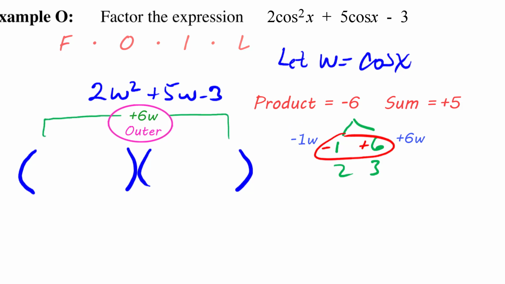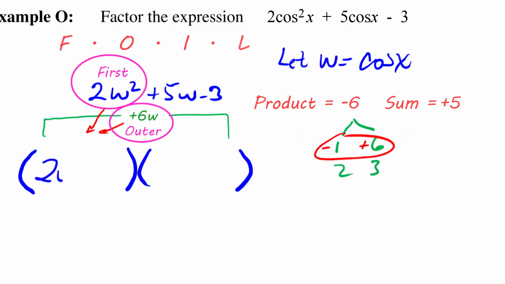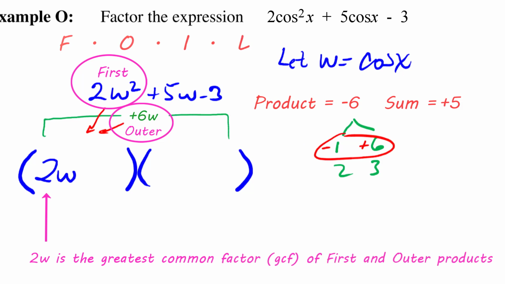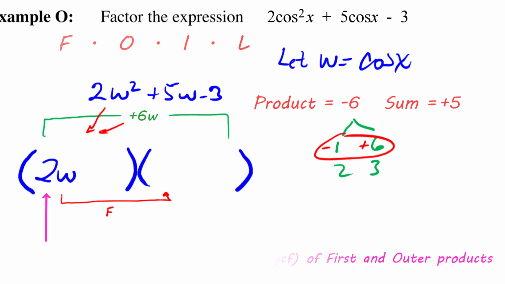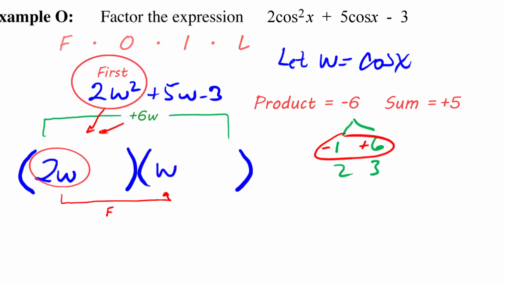What we do is we recognize that 6w is the outer product, 2w squared is the first product, and we take the greatest common factor between 2w squared and 6w. We can factor out 2w from them. And to get 2w squared, the next parenthesis has to be w.